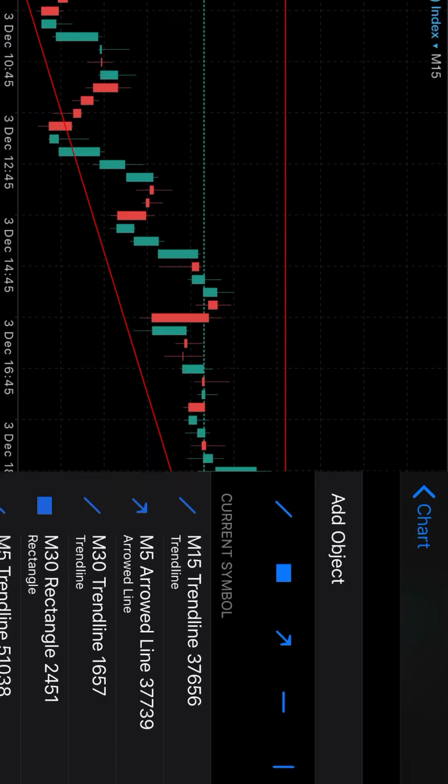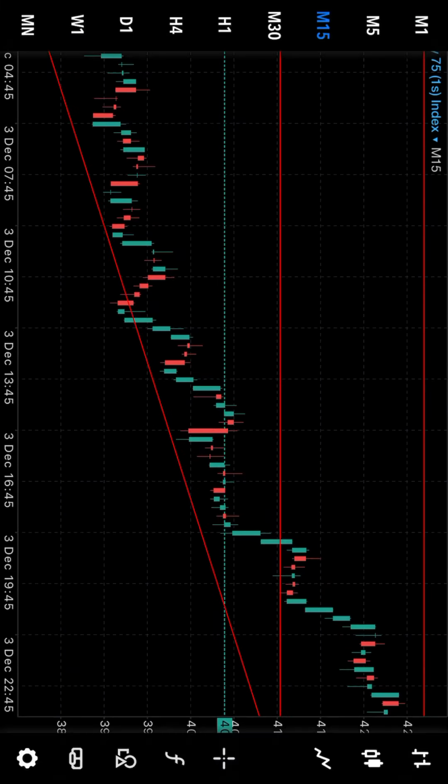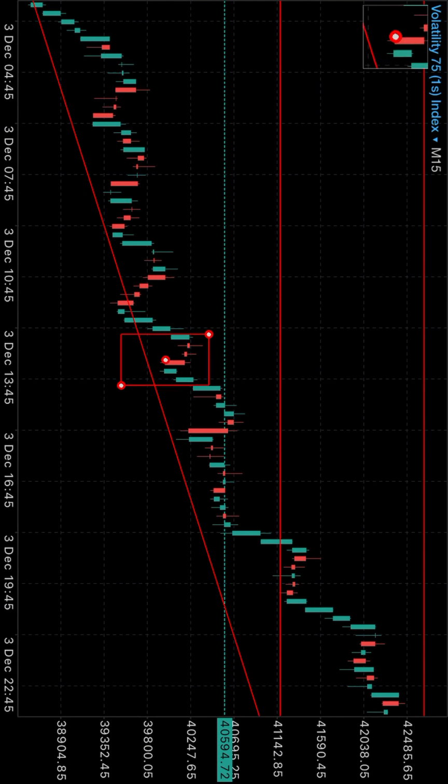And then you can see that there are more of the bullish candlesticks, more of the green candlesticks than the red. A green candlestick, like we set in the settings.